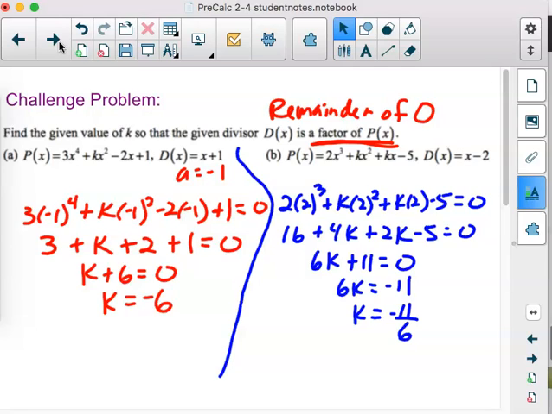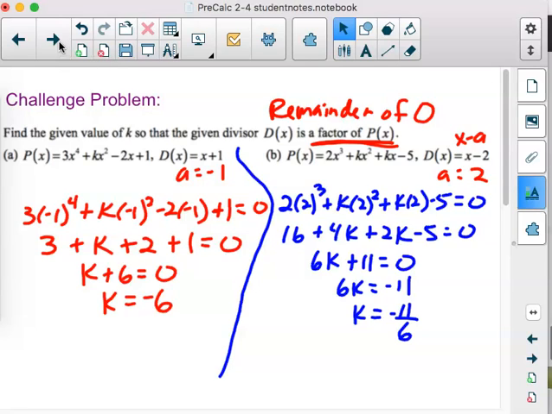Anybody need more time? The whole point was we know that a would be 2. And that means if we put a 2 in for all of the x's, we should get a remainder of 0. And we solve it for that.